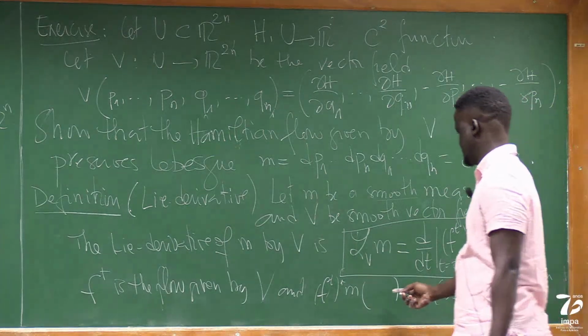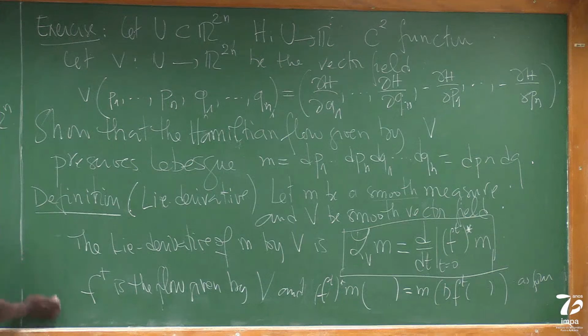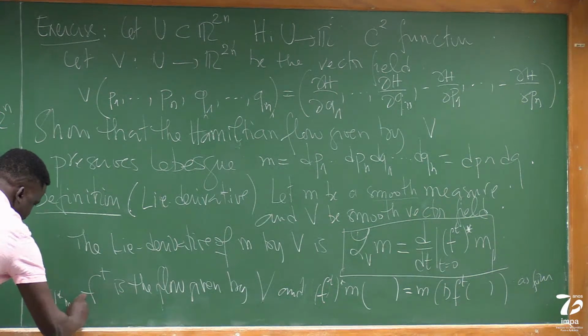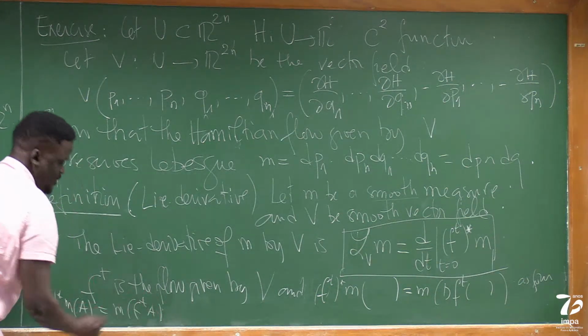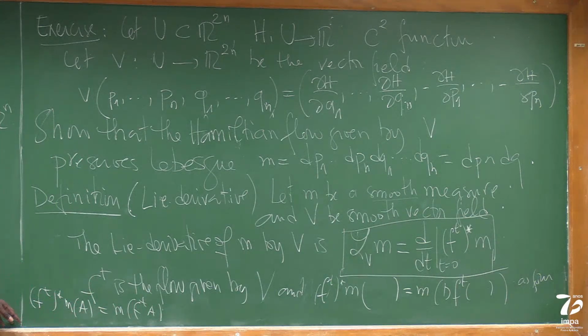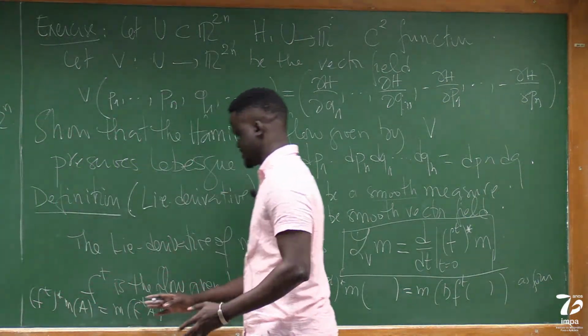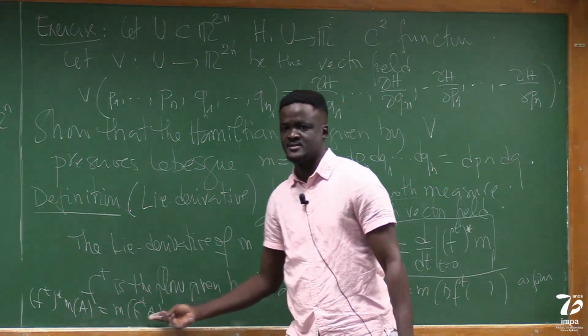But as measures, F_t star M of A is M of F_t A, and you look at M as a measure acting on sets, but this is the infinitesimal version.